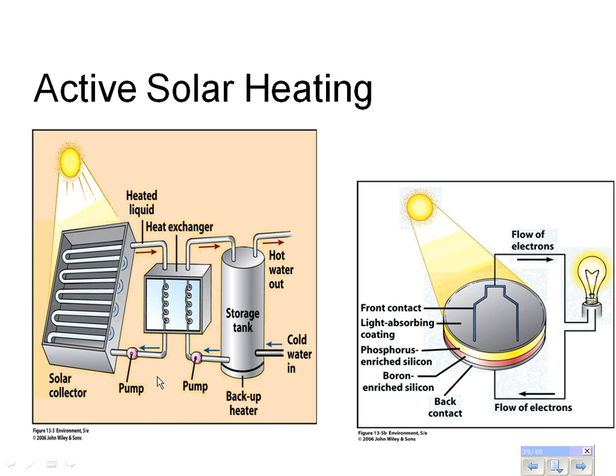That oil will go to a heat exchanger where that heat will be transferred into our water. So here's our storage tank filled with water. That water will get heated, and then you will have hot water that will come out of your sinks or to your pool.